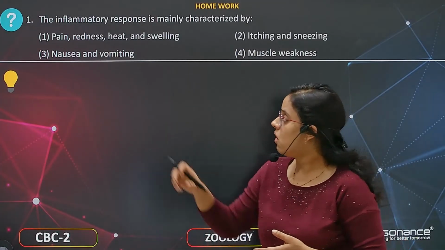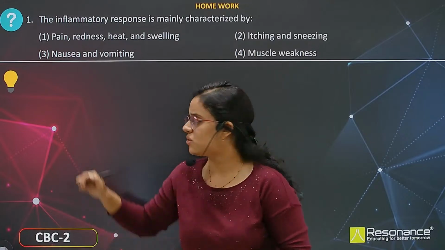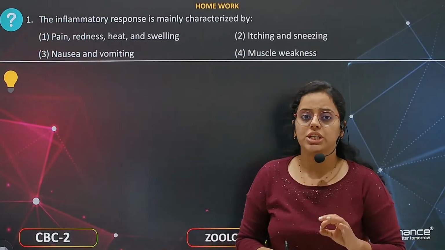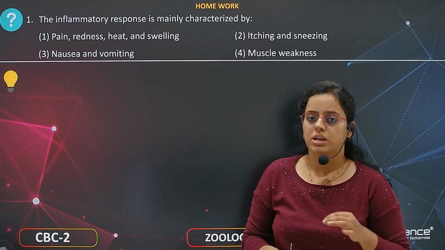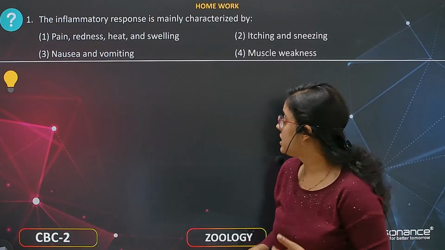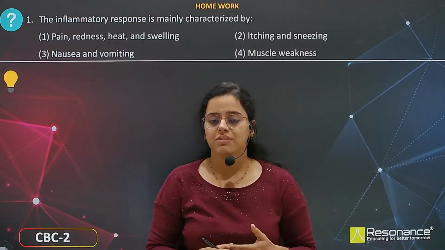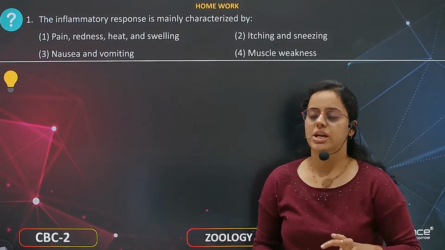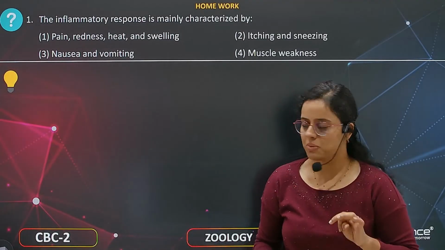So all these are the signs of inflammation. So the very first option is the correct answer. Itching, sneezing, these are not signs of inflammation, they are allergic reactions. Nausea, vomiting, or muscle weakness are not signs of inflammation. Inflammation has 4 signs: pain, redness, heat, and swelling.